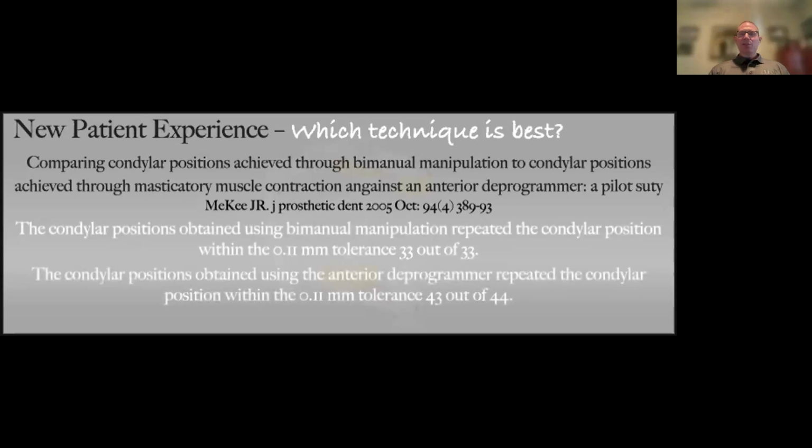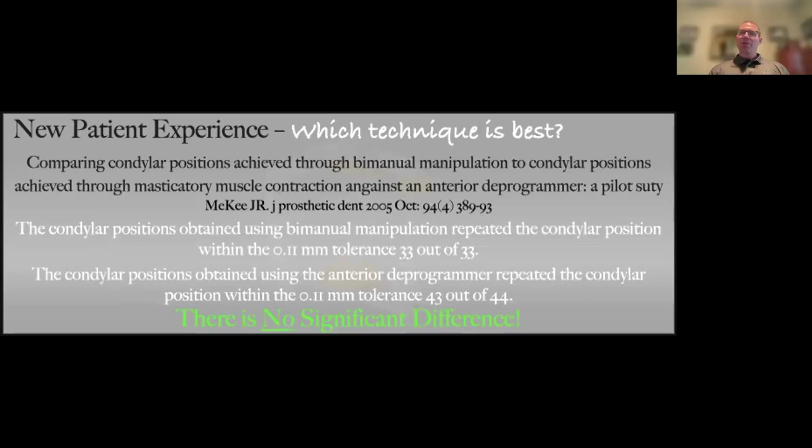When using an anterior deprogrammer, it was within 1.1 millimeters, 43 of 44 times. The study showed that there is no significant difference between using an anterior deprogrammer or bimanual manipulation. So from that standpoint, it doesn't matter to me what technique you use.